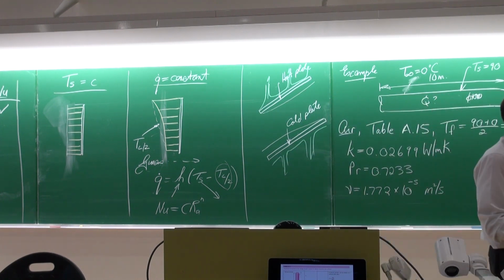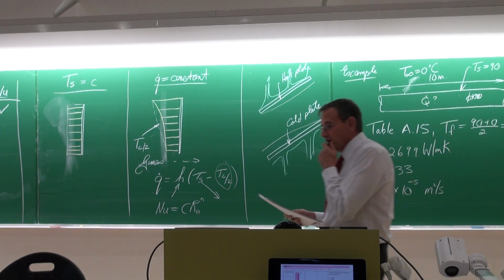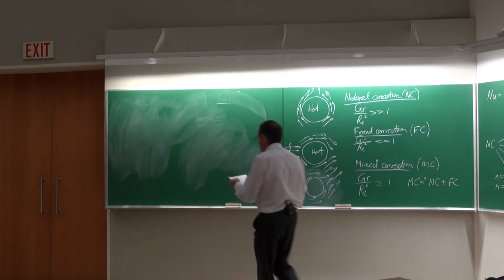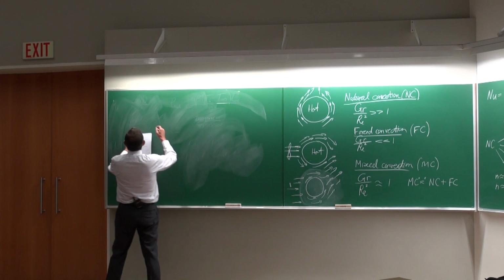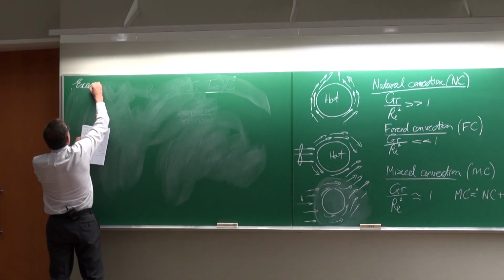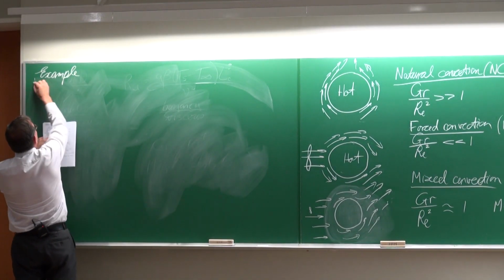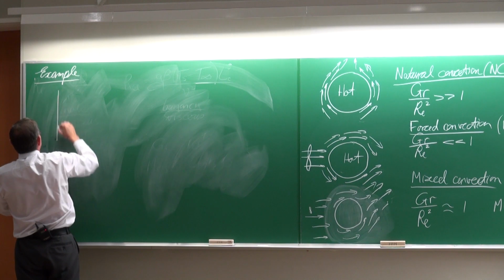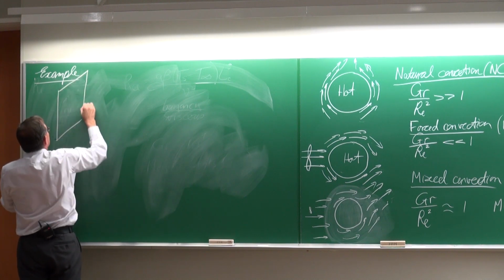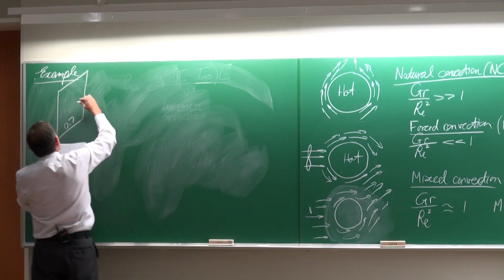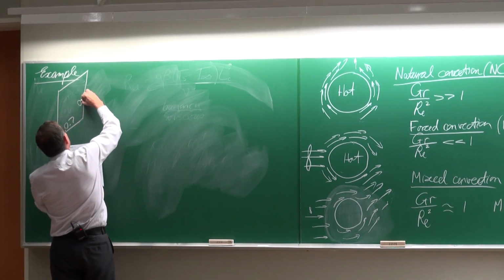Right. Another category of problem is the flat plate. And in this example, I would like to look at a flat plate with the dimensions of 700 millimeters and 900 millimeters.